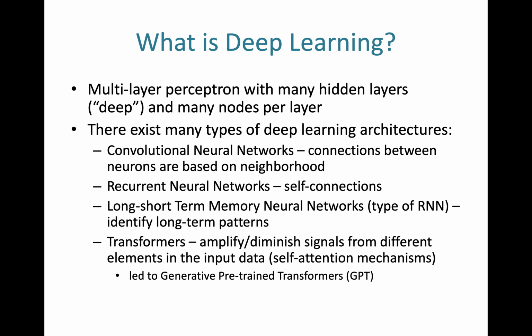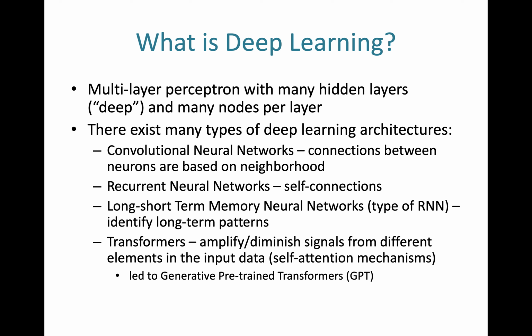Long short-term memory networks are basically a specialization and improvement of RNNs, in that they have the ability to identify long-term patterns, so that certain information is not forgotten when these patterns exist in the long term.